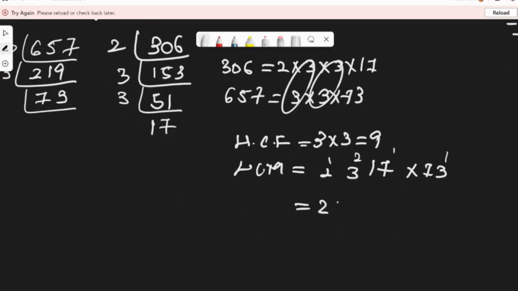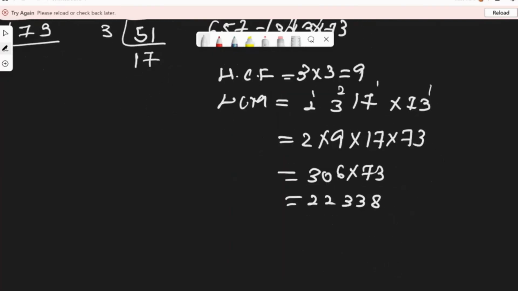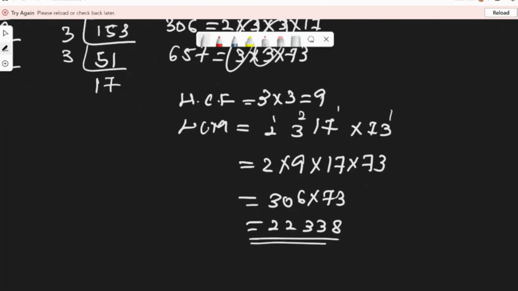So it will be 2 into 9 into 17 into 73. 2 into 9 is 18, and 18 into 17, I guess 306. So let us write it as 306 into 73, which will be 22,338. So LCM of 657 and 306 is 22,338, and HCF is 9.